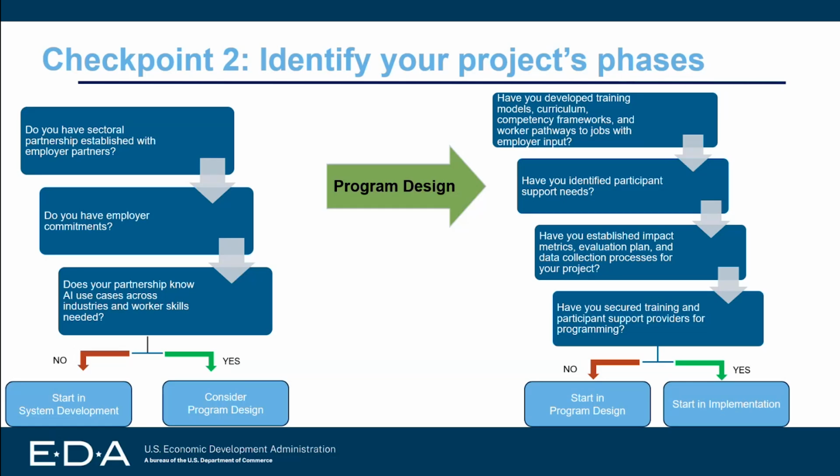Does your partnership know AI use cases across industries and worker skills needed? Also, you could add here, do you have the proper training supports? Do you have the proper community support partners? If the answer is no, you likely should start in system development. If yes, you can consider starting in program design.